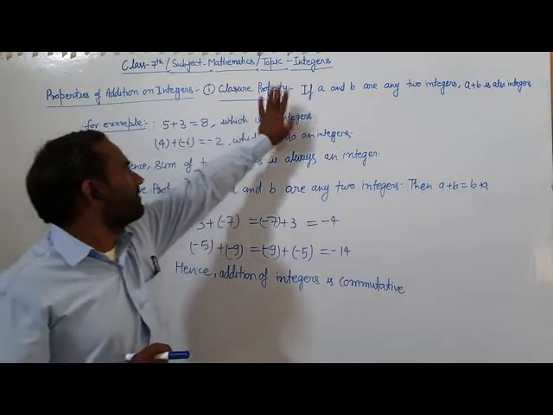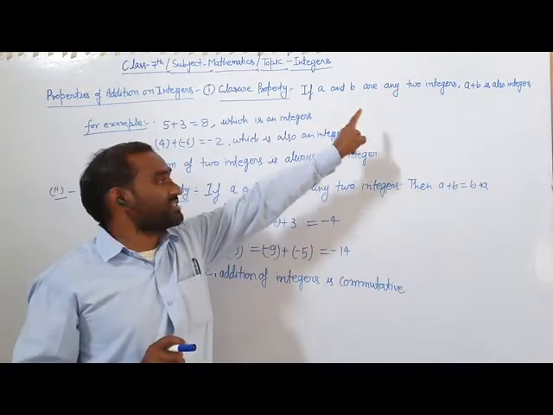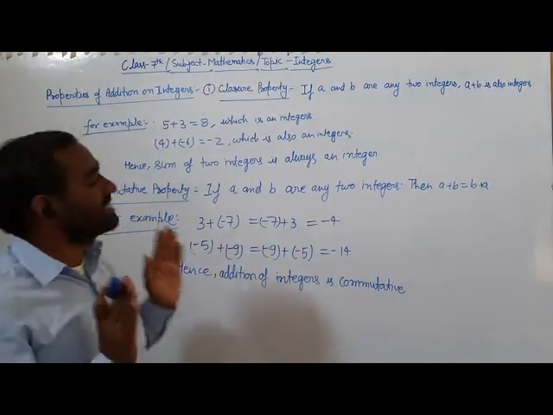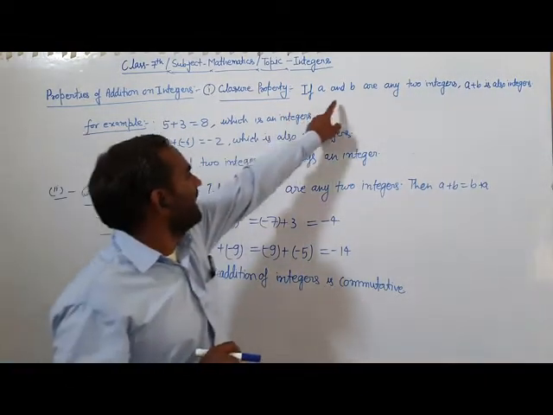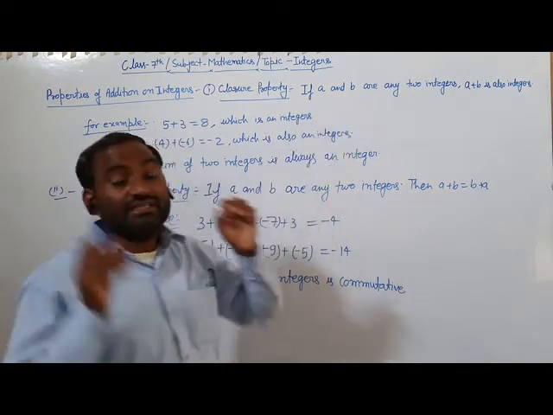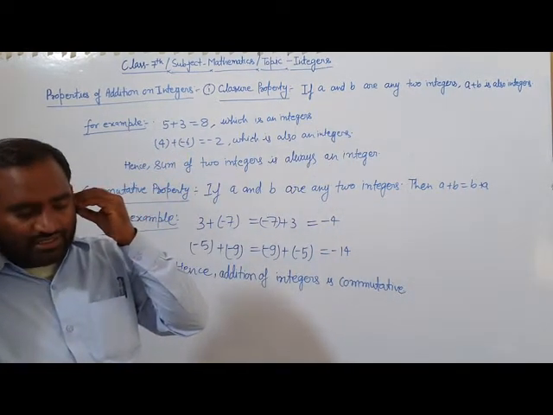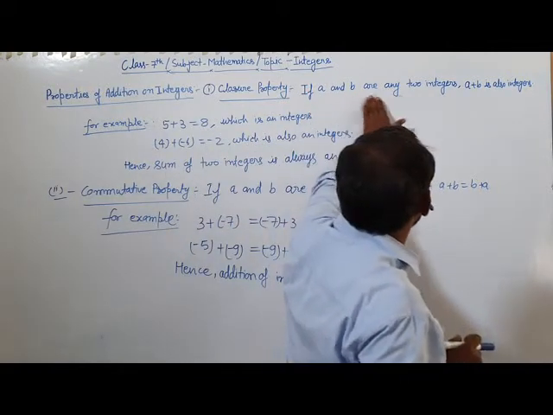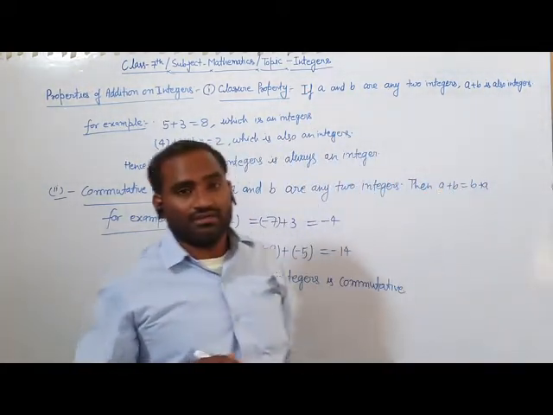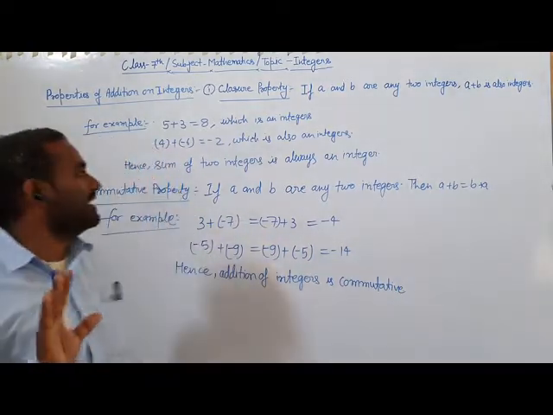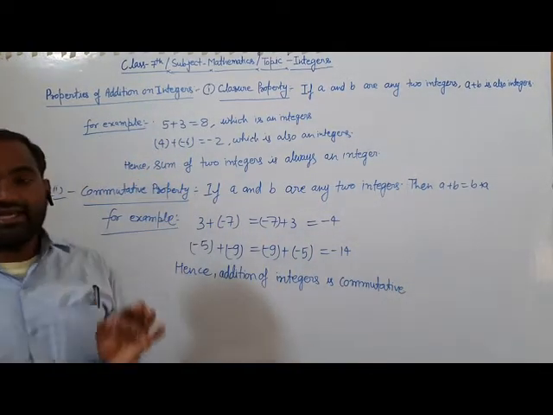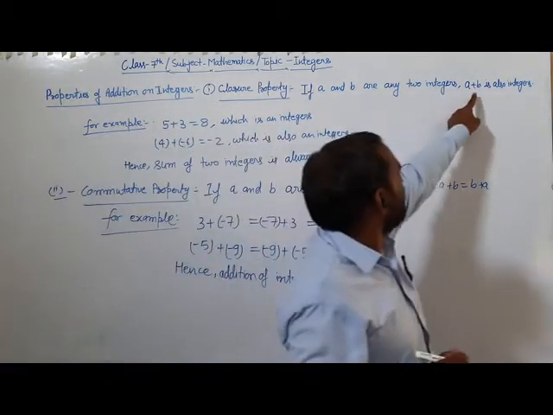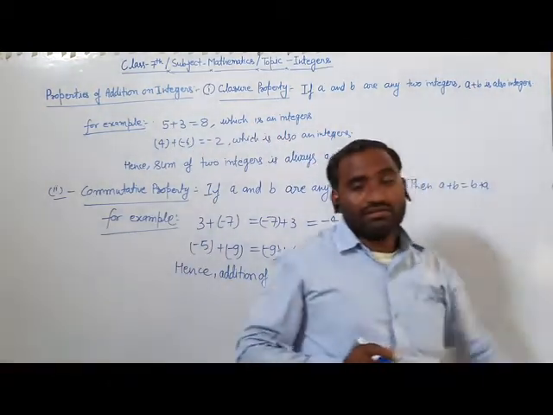First is the closure property. If a and b are any two integers, and all of you know about integers, then a plus b is also an integer.